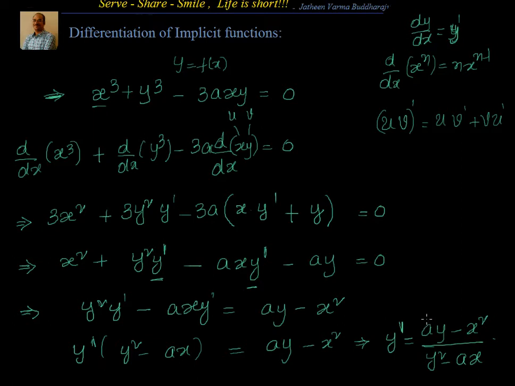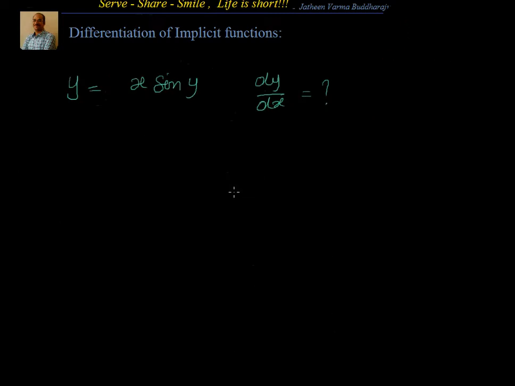Let's look into one more interesting example. Let's look at one more implicit function. We have been given y equal to x into sin y. We have to find out what is the dy by dx. So how will we do this? Again, we know that this is an implicit function, and for all implicit functions our approach is to differentiate on both sides.